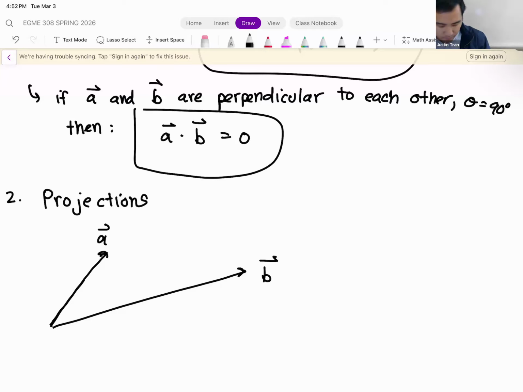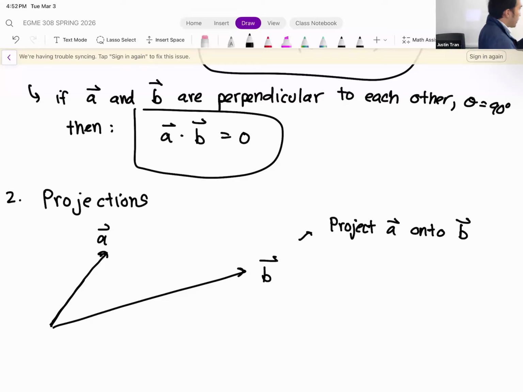Let's say that we want to project A onto B. Visually, what we're doing is essentially casting a shadow of A onto B.